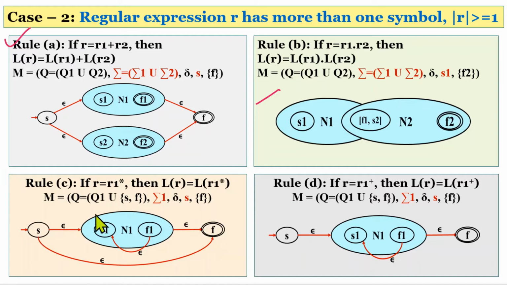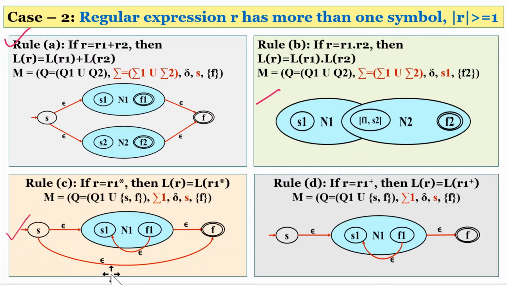The third rule is the Kleene closure, where we use only one machine corresponding to the regular expression R1, and move back to the initial state of N1 to repeat the pattern. As null is also acceptable, we move from the start state to the final state with the null symbol.